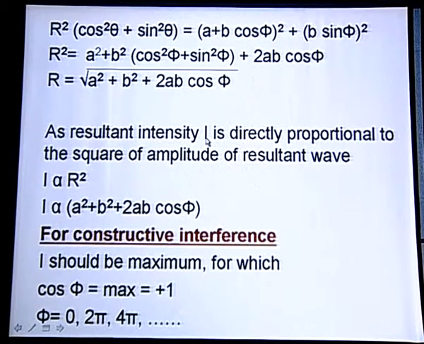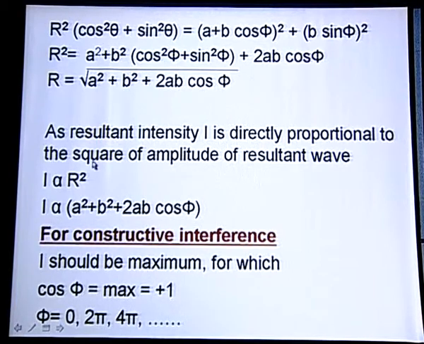So here you can also find it for the first wave, it means I1 is proportional to small a square, because small a is the amplitude of the first wave. Similarly you can also calculate for the second wave. So I2 is proportional to b square, right.